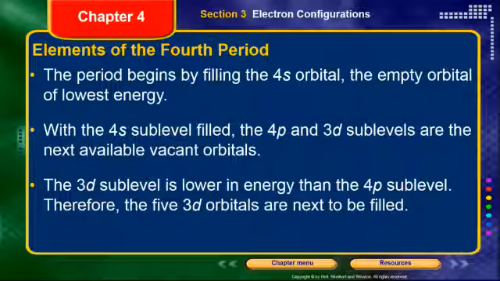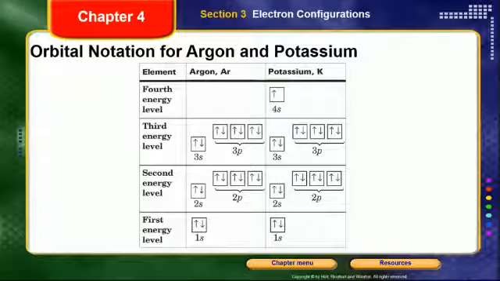The 3d sublevel is lower in energy than the 4p sublevel, therefore the 5 3d orbitals are next to be filled. Again, refer to your diagonal rule. And again, notice as we go from argon to potassium, we're only adding one more electron, so it's very easy to represent potassium by simply writing argon, all of the electrons in argon, plus one 4s electron.